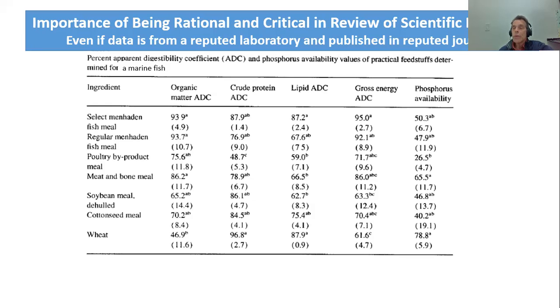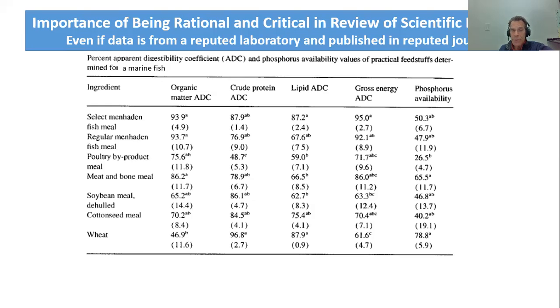When we review information on digestibility of nutrients in the literature, we have to be very careful about making sure that this information is adding up. This is a real example from a real published study on a marine fish species from a reputable lab.